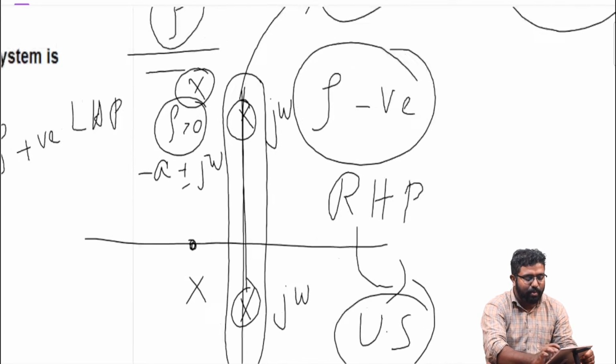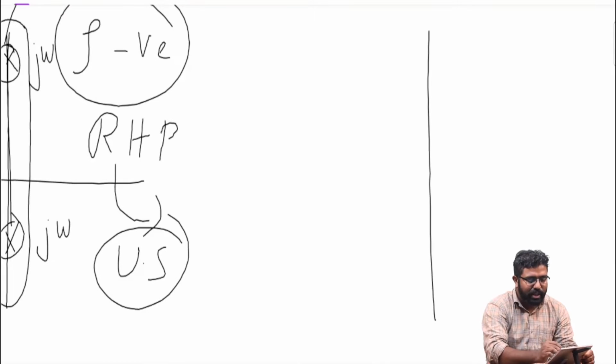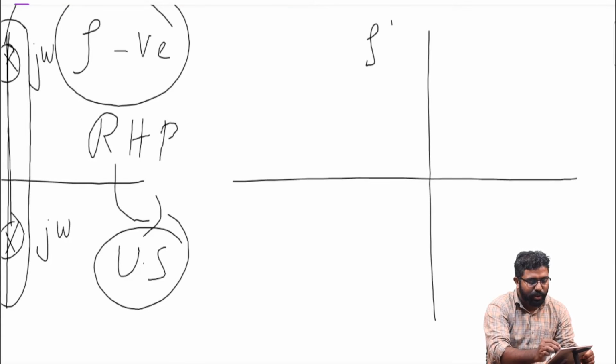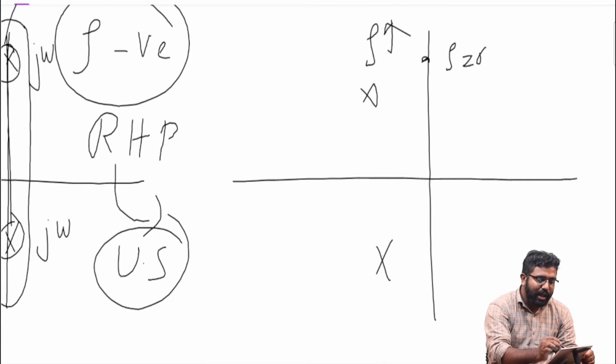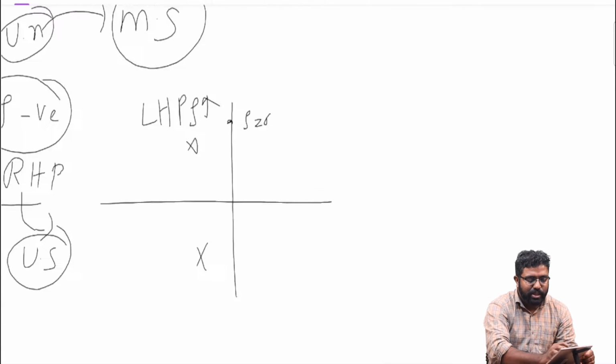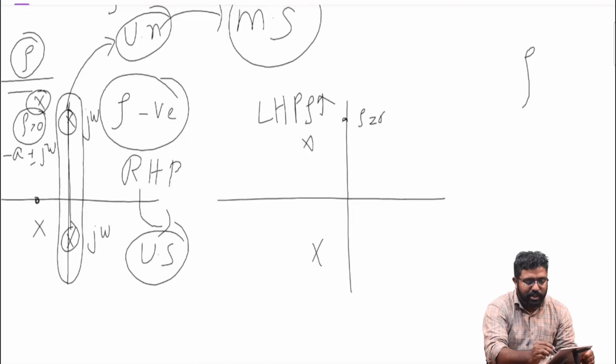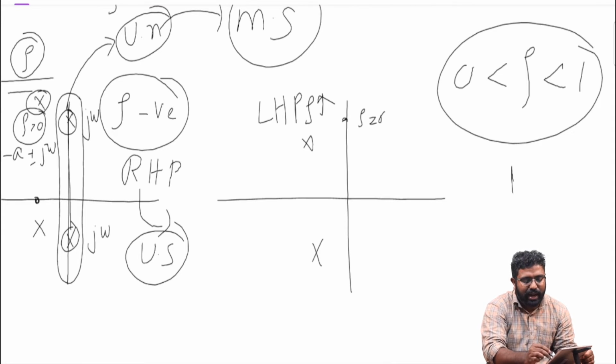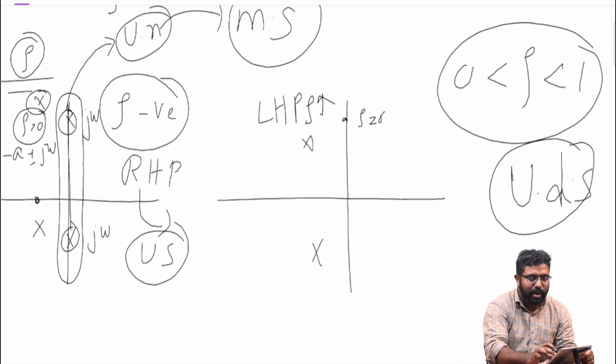If you increase theta from 0, it shifts into the LHP. The range of theta values between 0 and 1 is called an underdamped system.